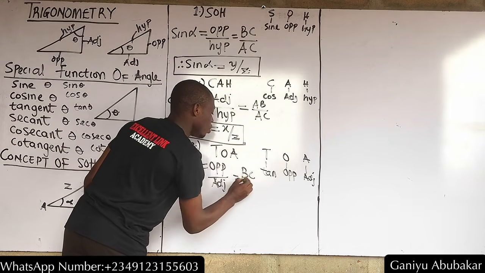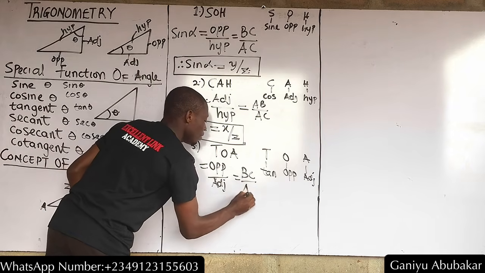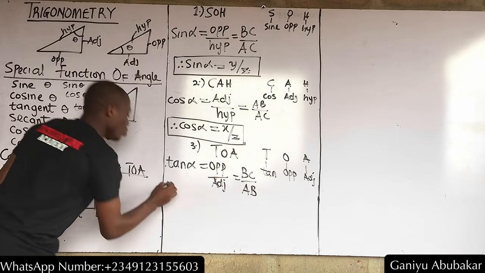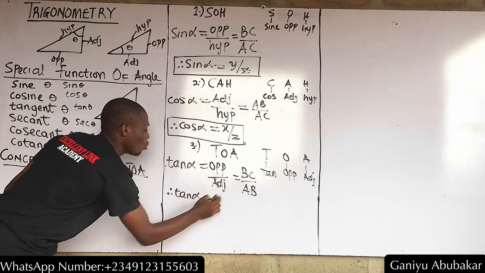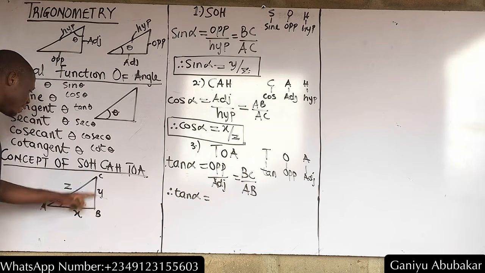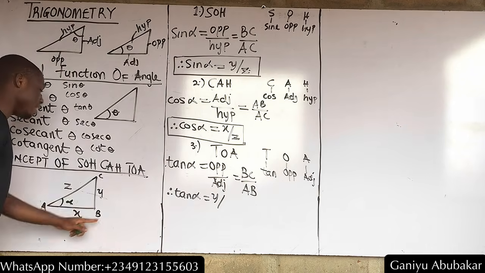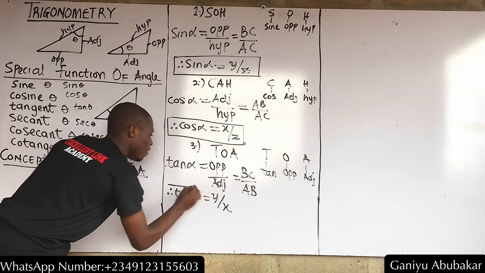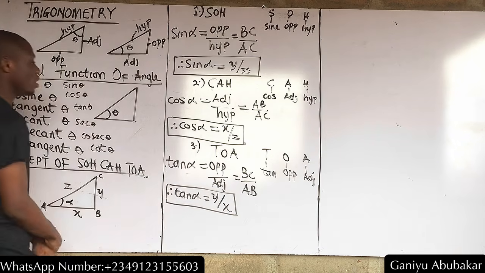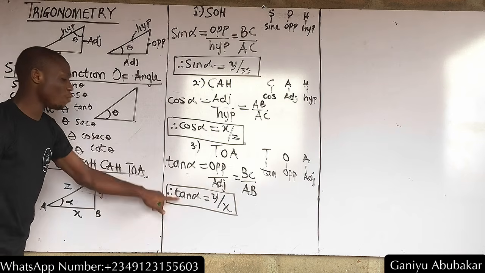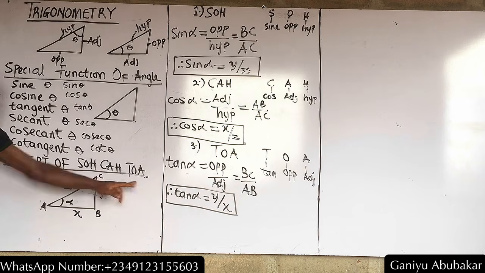I have BC all over adjacent. Adjacent is the baseline here. That's AB. So tan alpha is equal to BC, which is Y, all over AB, which is X. So tan alpha is the ratio of Y over X. These are the three very important things that you need to note when it comes to the concept of SOH CAH TOA.